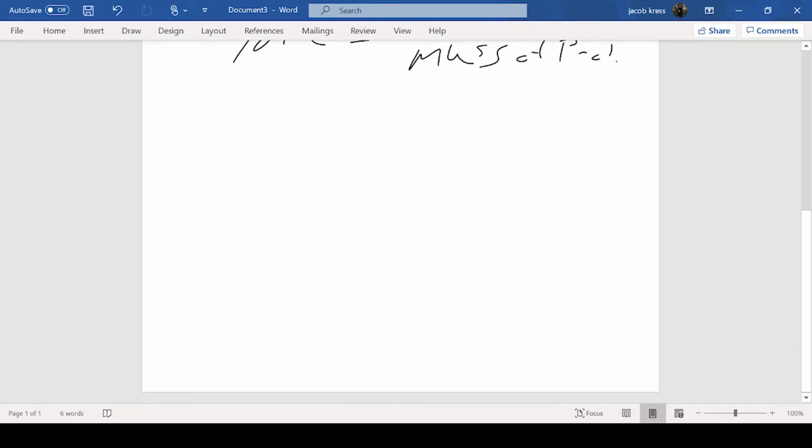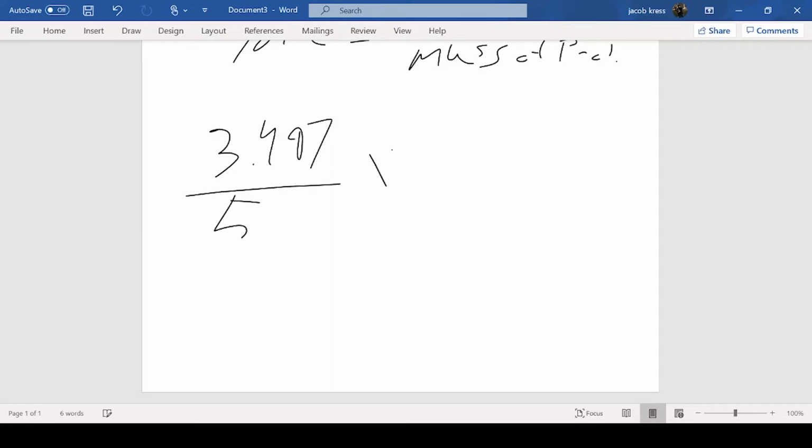So with numbers, that would be 3.497 divided by 5 times 100, and that's going to equal 69.94%.